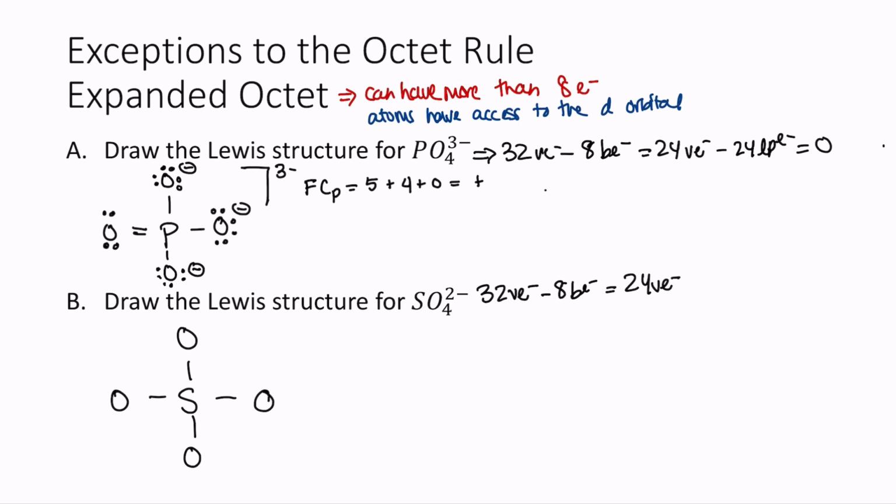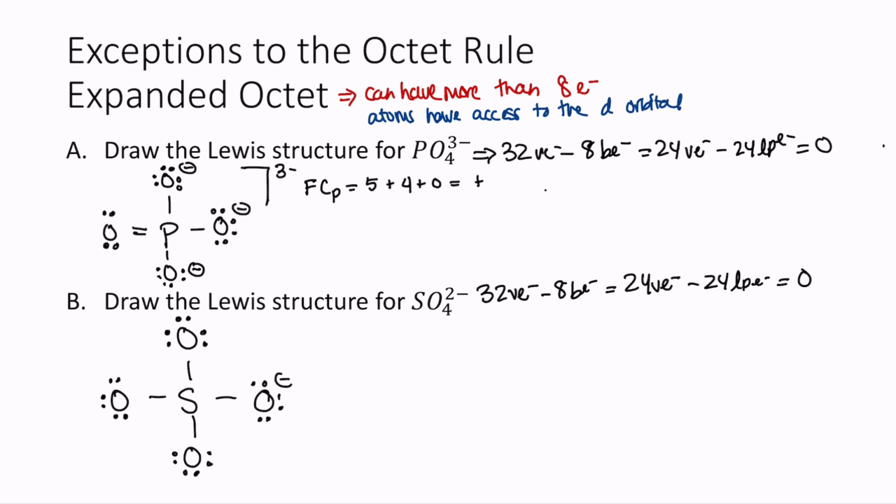This looks really similar. It really does. So I can put all of the rest of the valence electrons on my oxygens as lone pairs. And now I have accounted for all of my electrons.